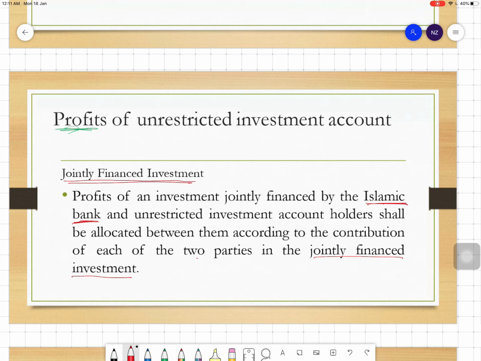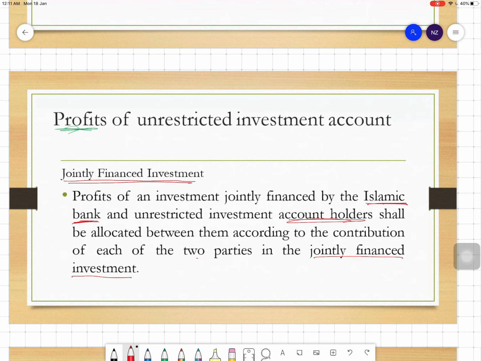But the profit must be deposited in the Islamic bank, and the allocation of the profit must be according to the pre-agreed ratio that the partners, the account holders, have set between them first.